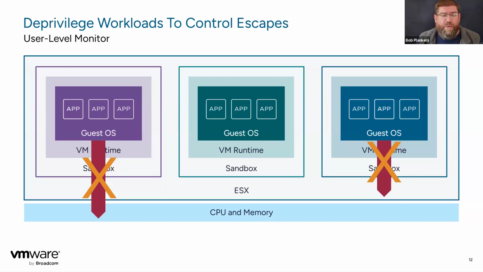And so we're doing that. We're actually moving the monitor down into user space so that if somebody does get a VM escape situation, which happens from time to time, and they break out of the runtime, out of the sandbox even sometimes, they don't have any rights to anything. Can't go anywhere, can't do anything.